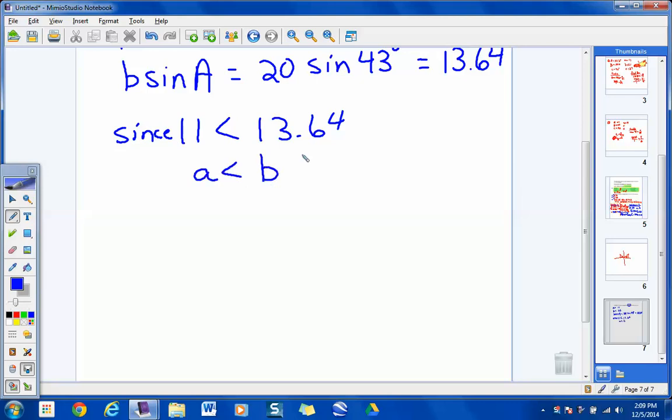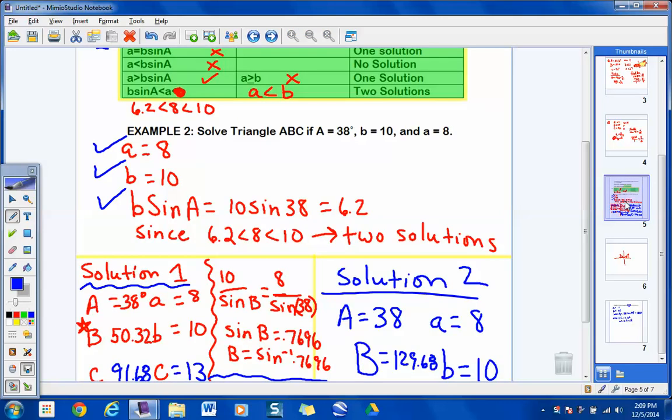B times the sine of angle A, right? You guys agree with that? So by our rules on this second page right here, it says if A is less than B times the sine of A, how many solutions are you going to have?